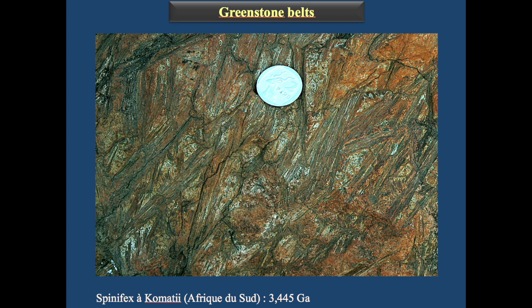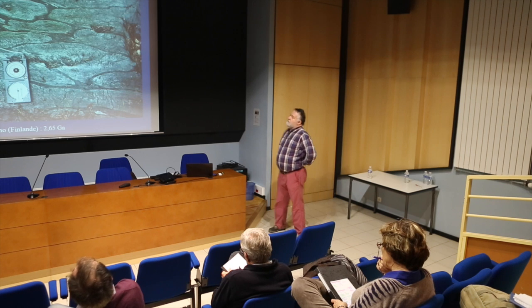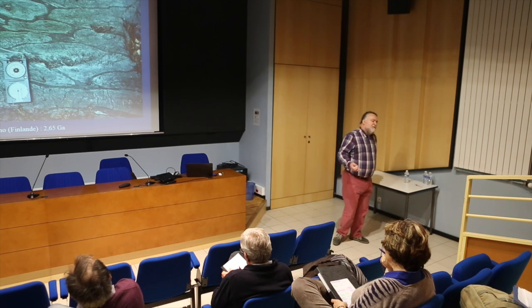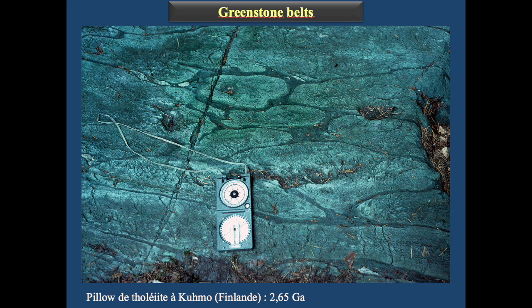Associated with this lava, there are basic magmas, just like basalt, this tholeiitic basalt, with pillow texture here too. And maybe you understand why we call these rocks greenstone belts, because the color is green due to the metamorphism of these rocks.